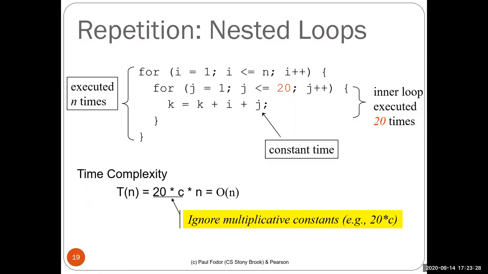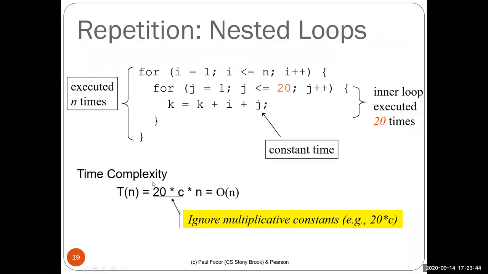Like in the case when we had the value of n multiplied with a constant. It didn't matter if that constant was 2, or 1, or it was divided by 2, or multiplied with 100. The constant is not important.